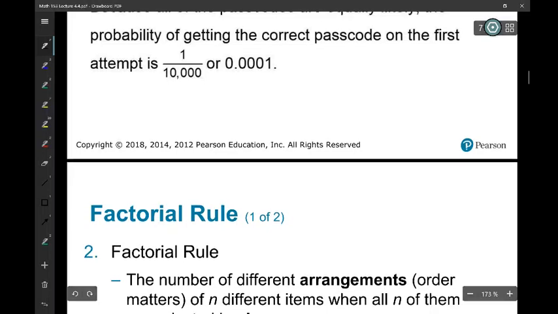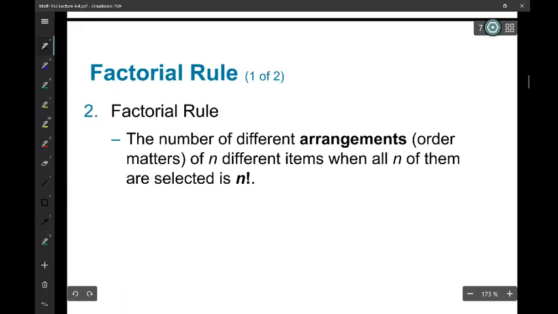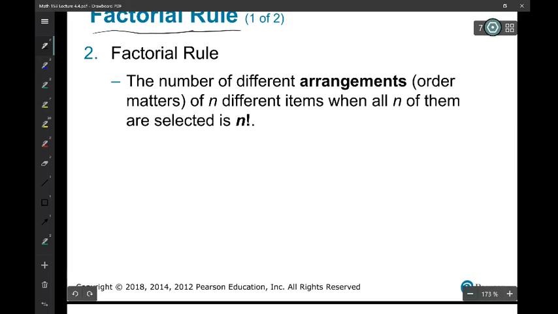Next, we'll consider the factorial rule. So the factorial rule: the number of different arrangements, order matters here, of n different items when all n of them are selected is n factorial. And n factorial means whatever integer, it has to be a positive integer, whatever integer you have times the one just before it.